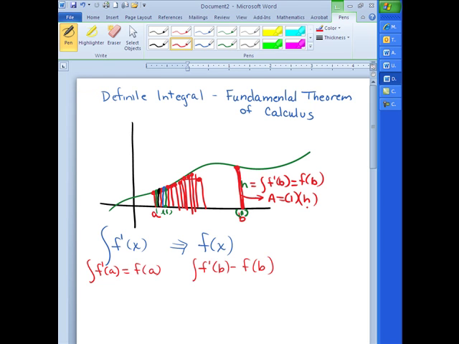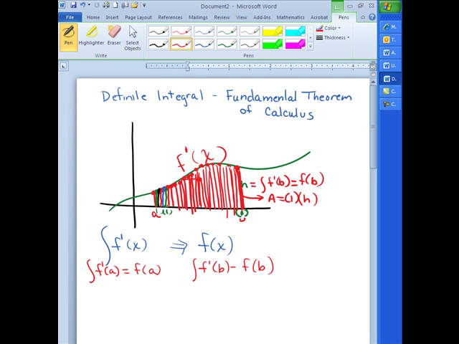So if I know that the area of each itsy bitsy rectangle is really the height of that segment, then I could find the area of this odd-shaped object by simply knowing the function described by that green line. And if I know the function described by that green line, I could integrate it to find the function values up here. And when I do, I have a whole bunch of areas, and when I add those areas up, I now have the area under the curve.